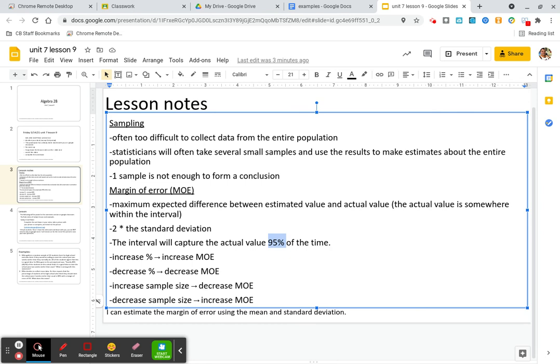Margin of error also depends on the sample size. So the larger your sample size is, the closer your estimate will be to the actual value. In other words, you'll have a decreased margin of error. And the smaller your sample size is, the larger your margin of error is.